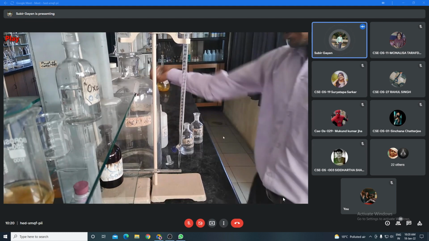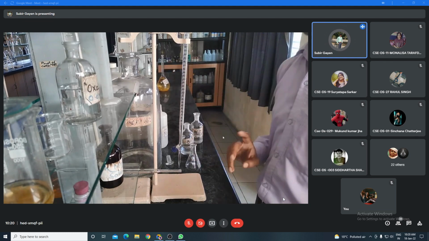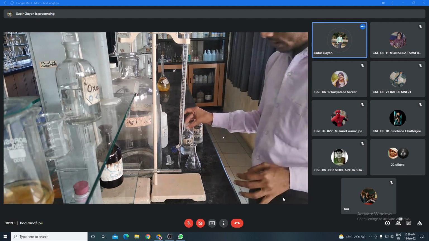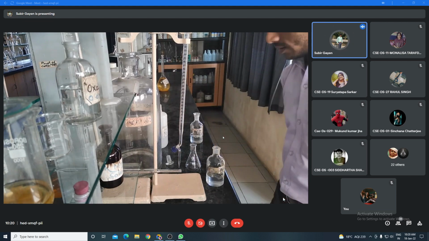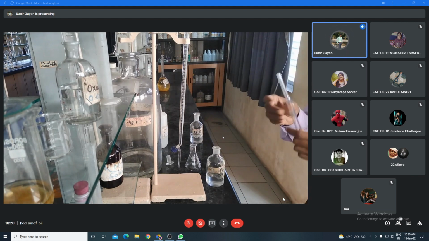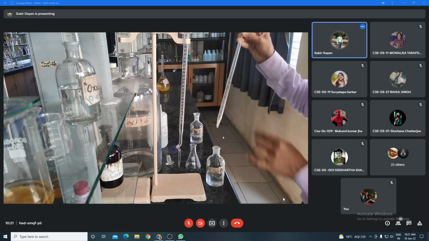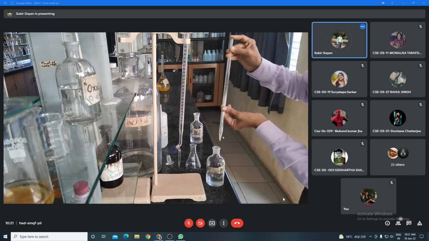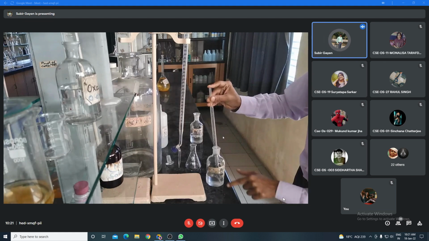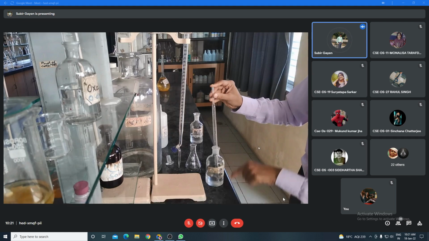Then again add a drop of the indicator and titrate with sodium hydroxide. So now I will show you how to take the lower layer of the bottle. At first you press this, like this. Then dip this pipette into the bottle, and raise this.